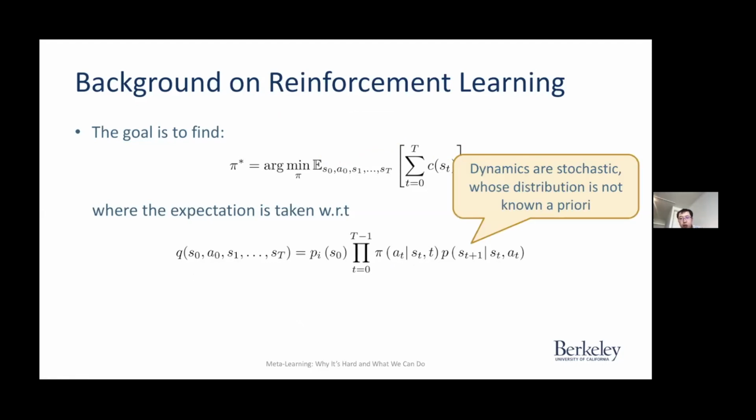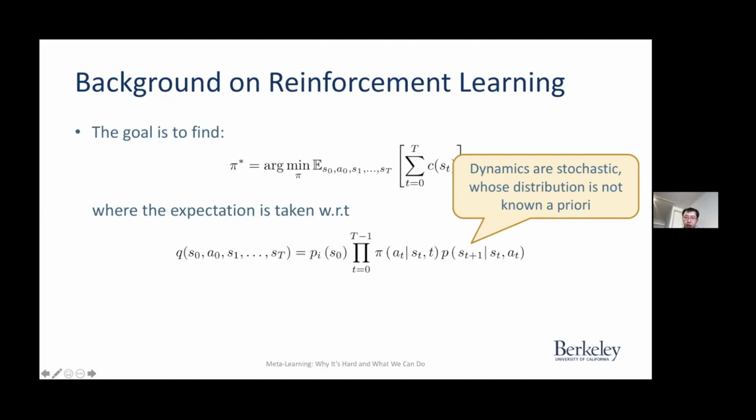What's most different about reinforcement learning is that the dynamics are stochastic, with a distribution that is not known a priori. So you don't necessarily know this distribution, and you hope to either, in model-free reinforcement learning, just estimate this from samples, or in model-based reinforcement learning, fit a model to the samples.